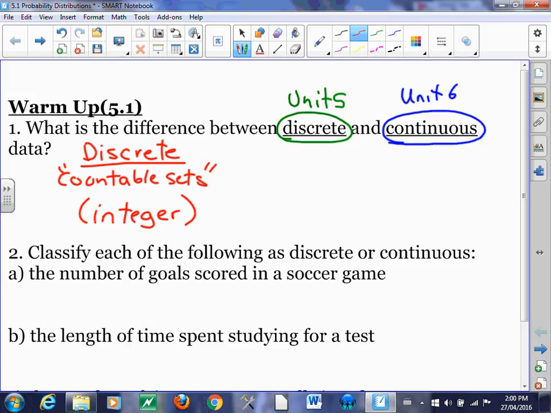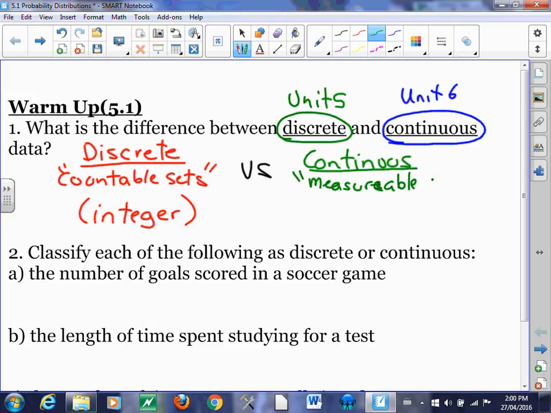Versus, let's take a look at the opposite, which is continuous data. Continuous data is measurable, which means it's something that you can have a decimal with. So it's measurable sets, we call it.